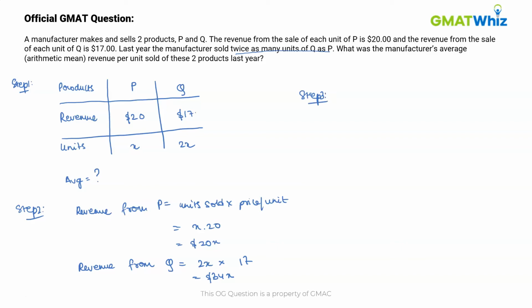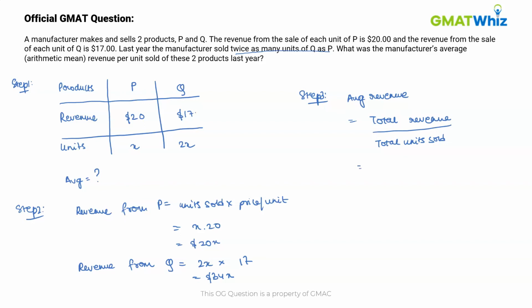And here the average revenue will be given by total revenue divided by the total units sold.